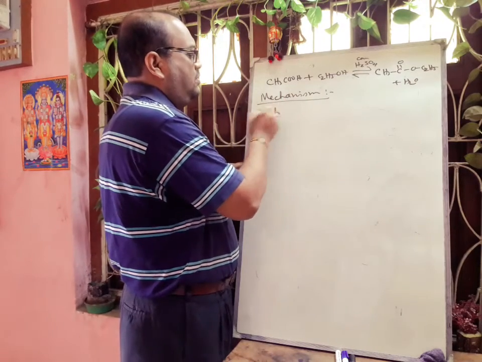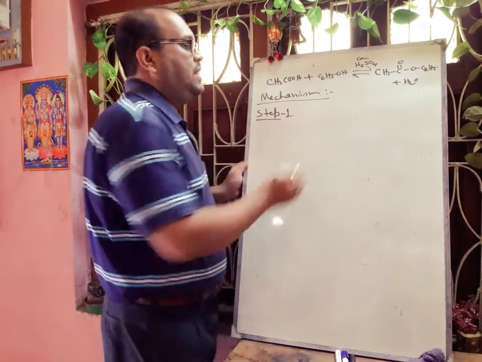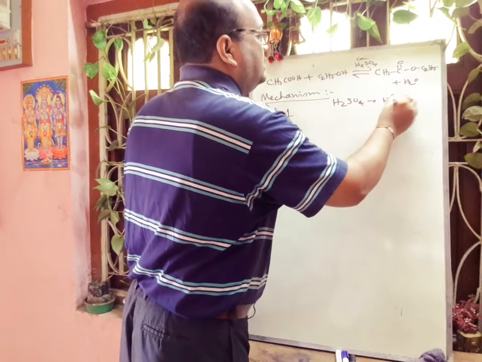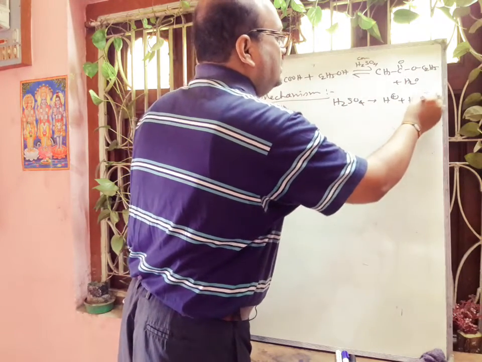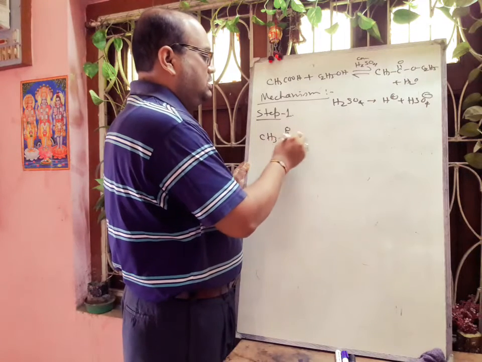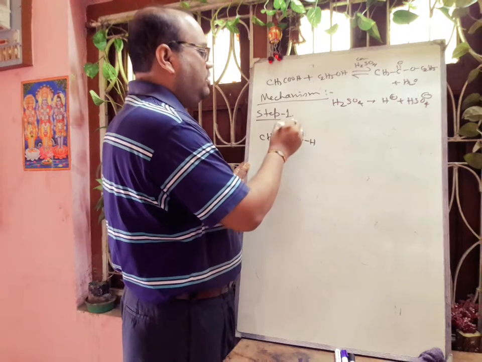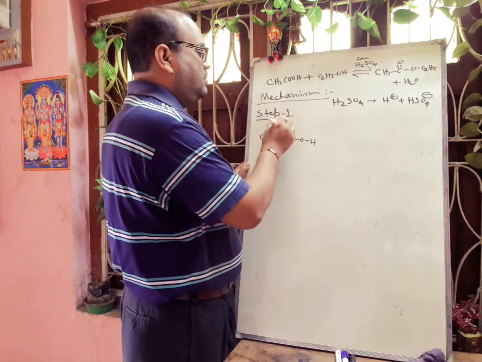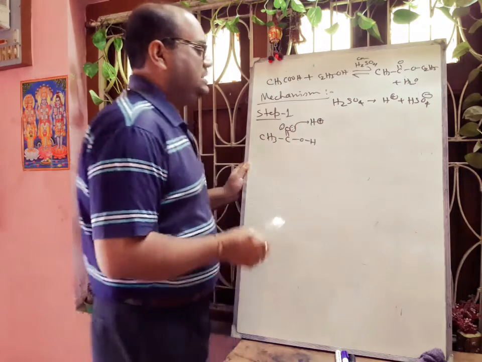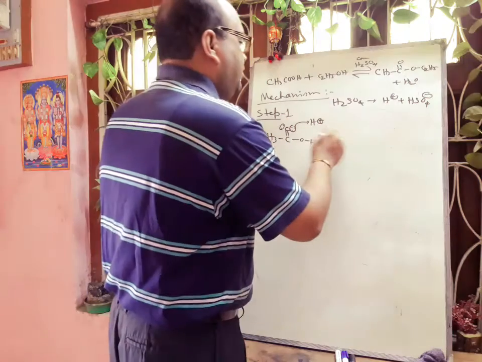Step 1. First this H2SO4 will dissociate into H plus and HSO4 minus, and the carbonyl oxygen of this acetic acid will accept the proton. This H plus will be accepted, and the acid will be protonated.